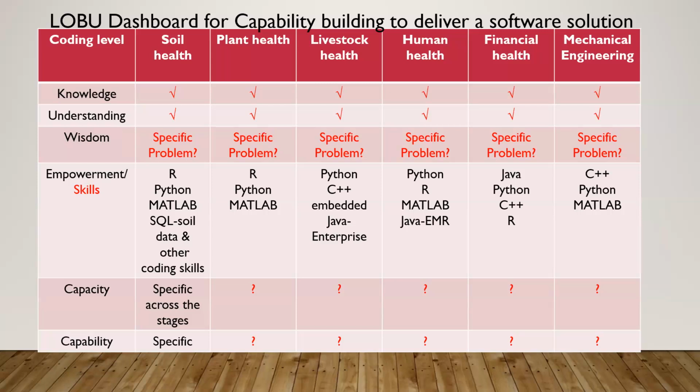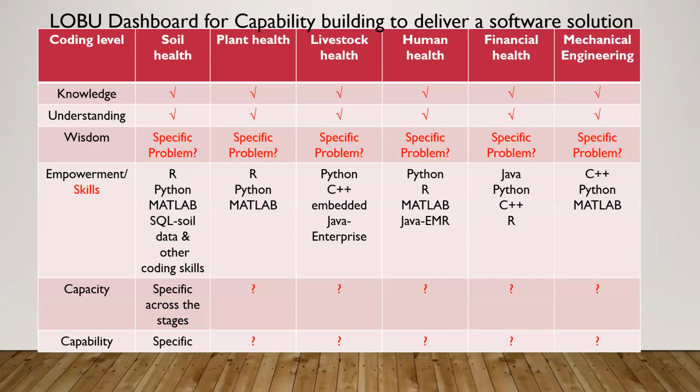Is it soil health, plant health, livestock health, human health, financial health, mechanical engineering? It begins with the stage of wisdom, depending on which problem you are understanding. So capability will depend on your ability to apply knowledge, understanding, wisdom in a given specific area.